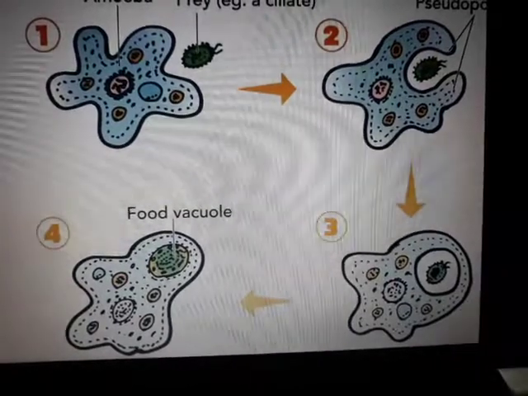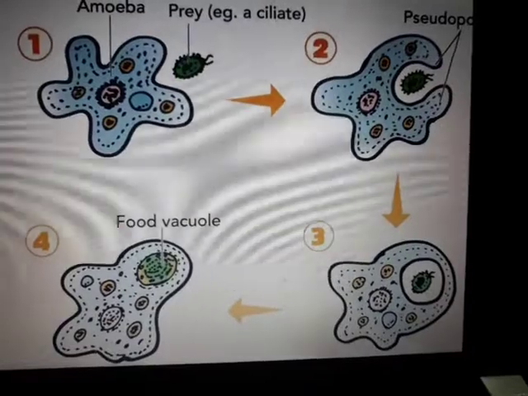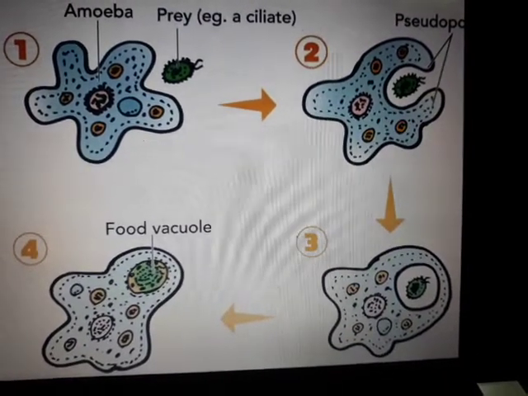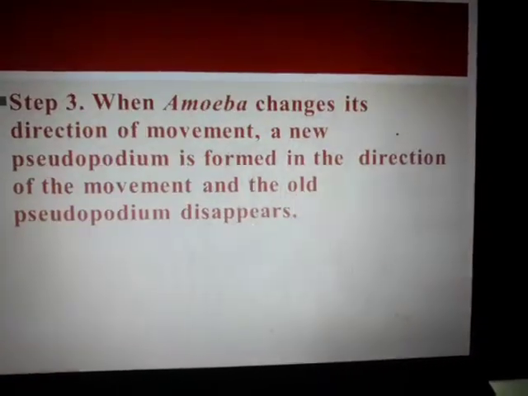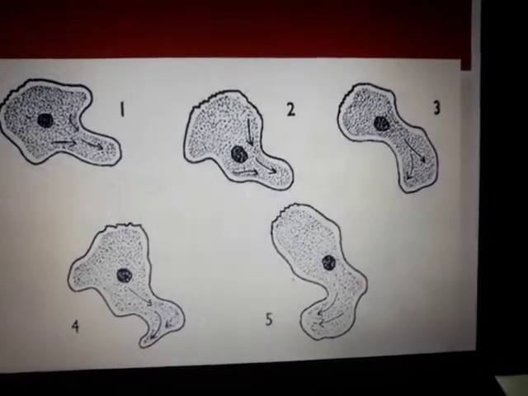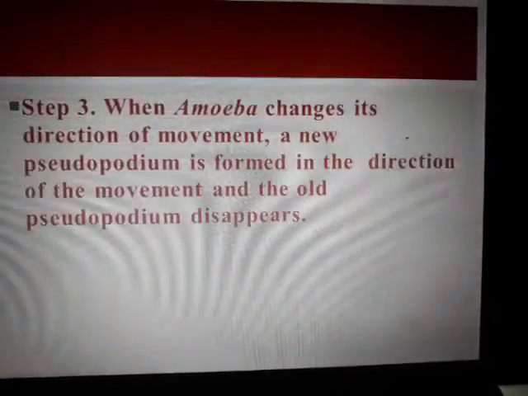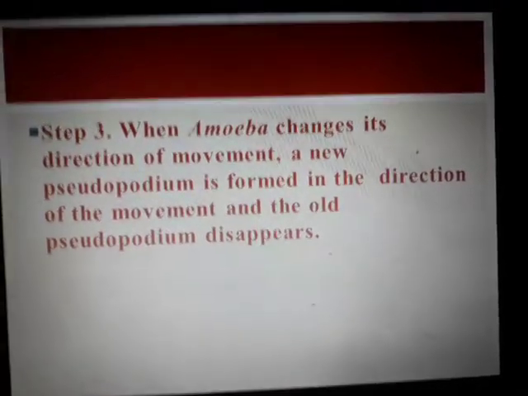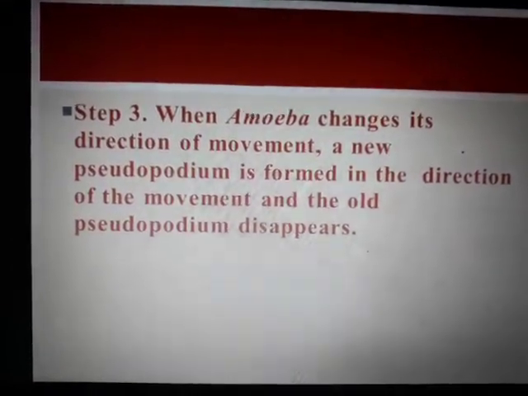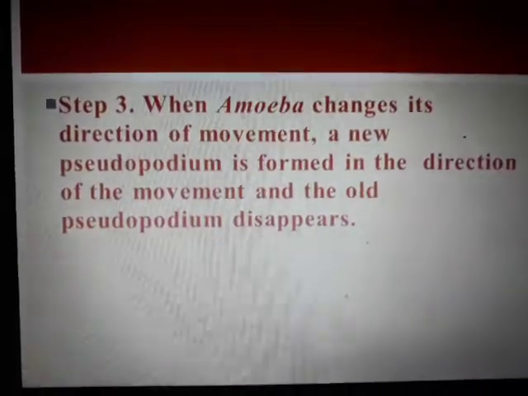Out of these 2, one is surely asked, but then you will not get confused, because here it is nutrition going on, it is engulfing a prey, whereas the other thing here, it is moving in one particular direction. That means it's locomotion. I'm telling this to you because I've corrected it for so many years, and 25 to 30% of students make the same simple mistake just because of the hurry.